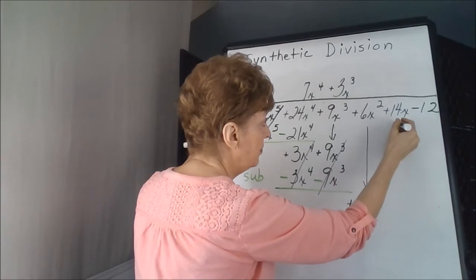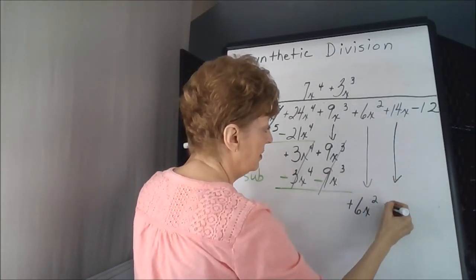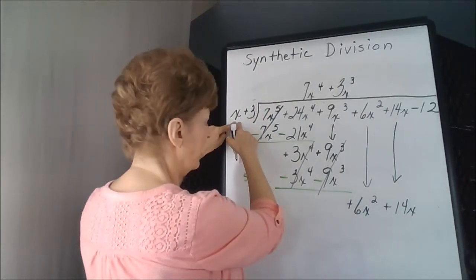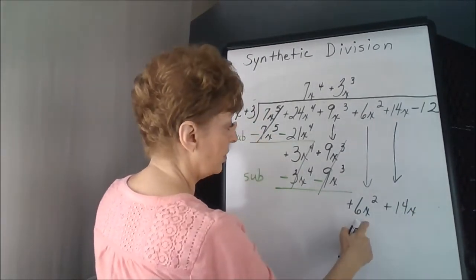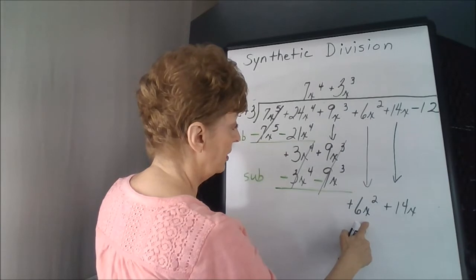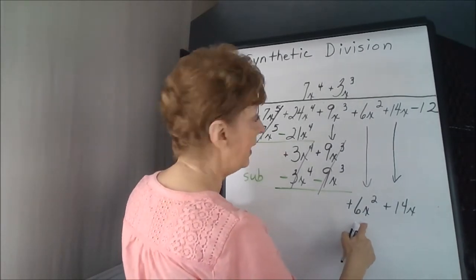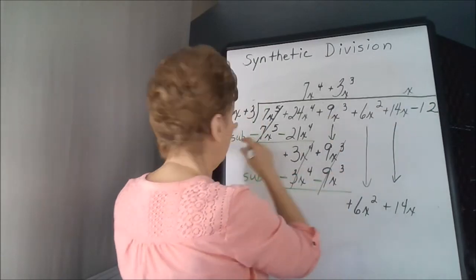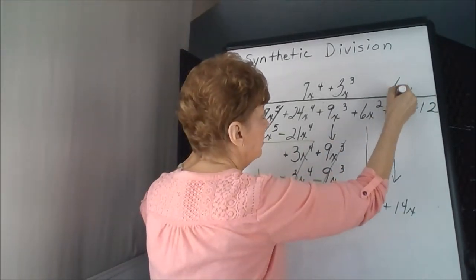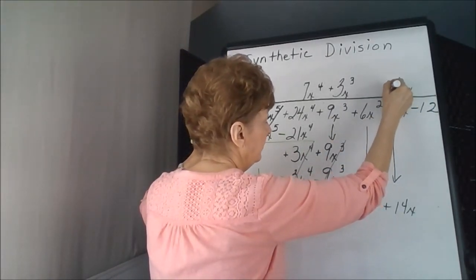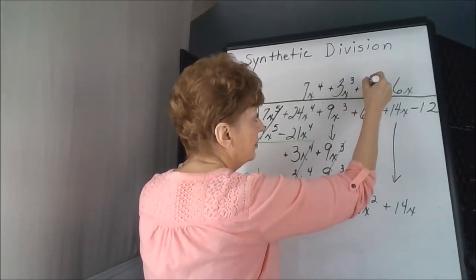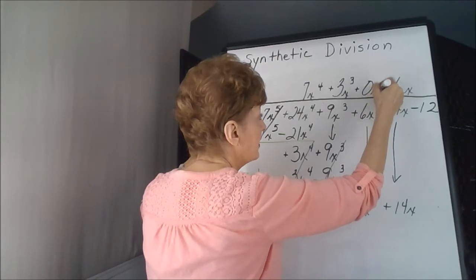We're going to have to actually bring down 2 of these, because this is going to give us an x squared, which is what we're trying to get rid of. So it would have to be 1x that we're dealing with here, and 6 of them. This column is empty, so this is plus 0x squared.